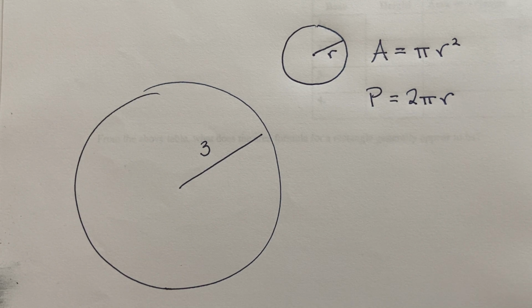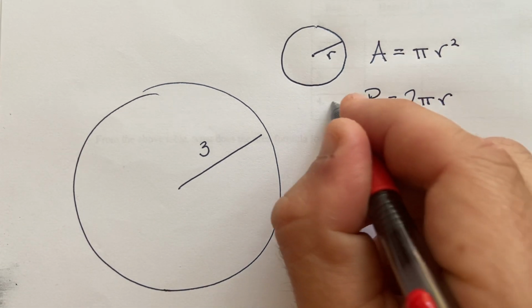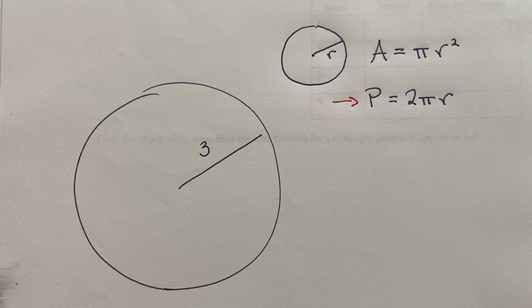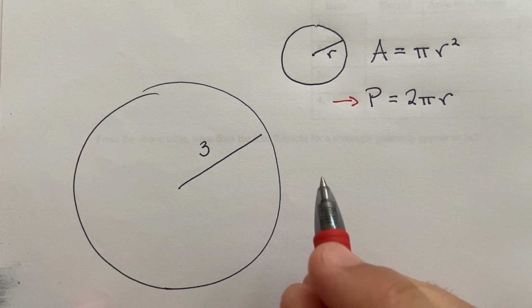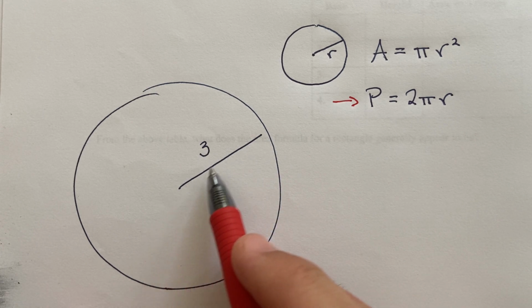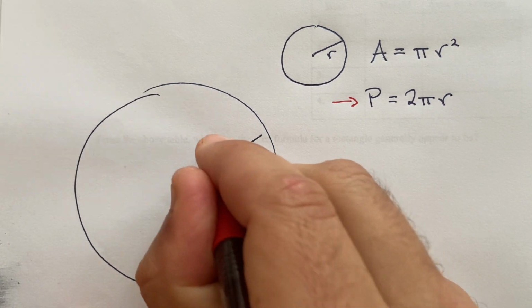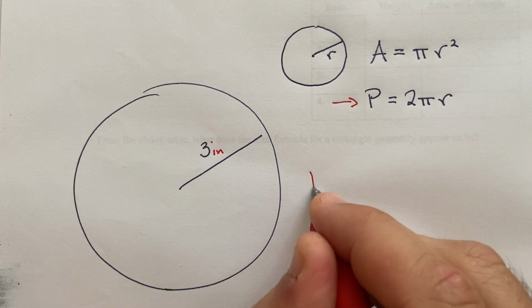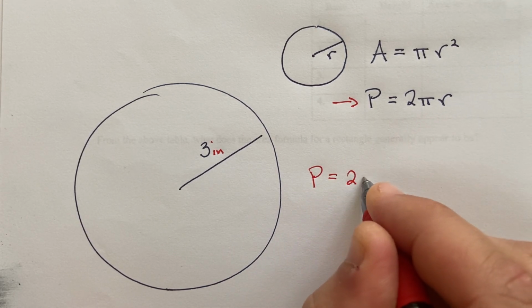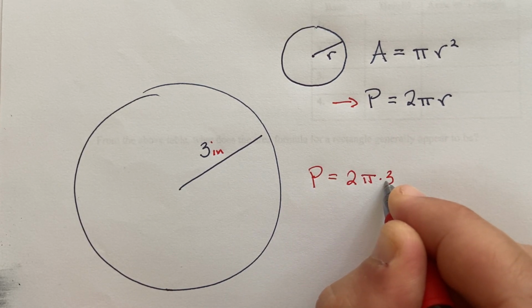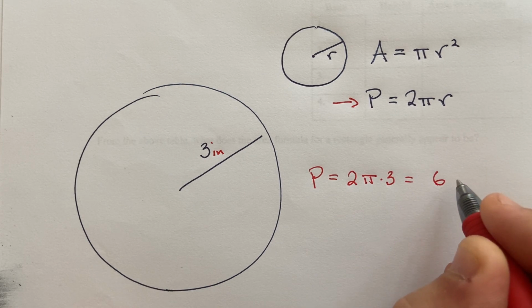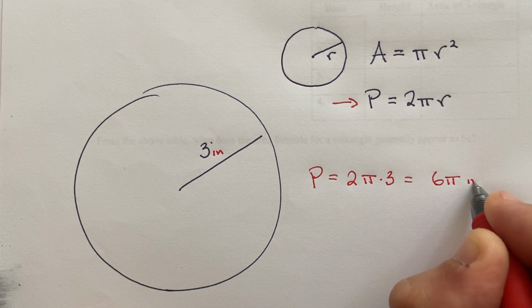So let's imagine I wanted to find the perimeter. I'll just do that one first. If this is r for this particular circle, let's imagine this is 3 inches. Then I would have the perimeter as 2 times pi times 3. So I could just leave it as 6 pi inches.